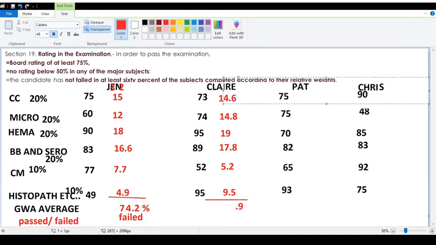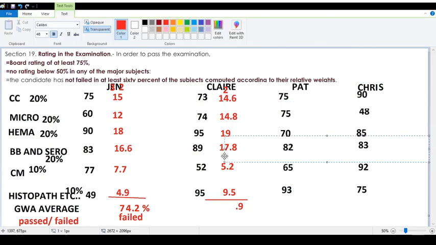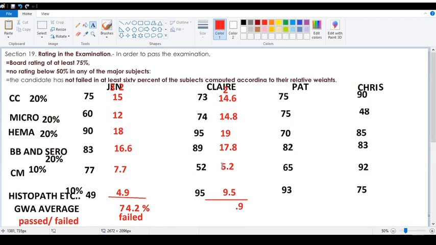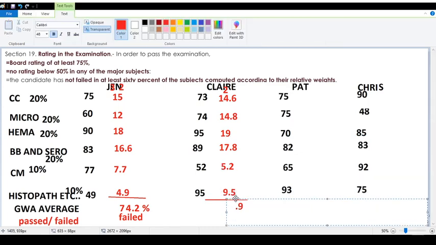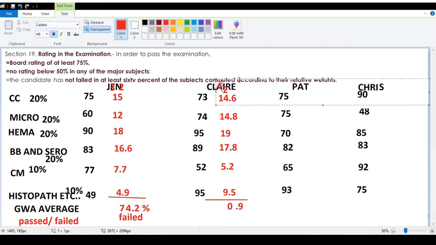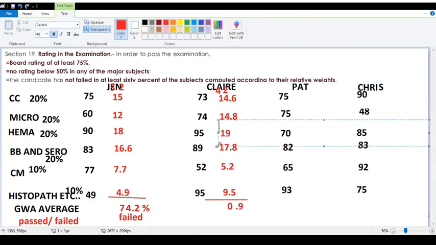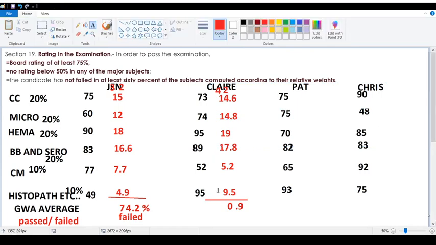Okay, so this 1, 2, 2 plus 4, that is 6, 10, 19, 26, 31, 40. So this is 0, this is 4, 4, 5, 6, 7, 8.